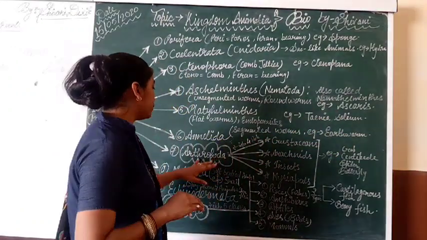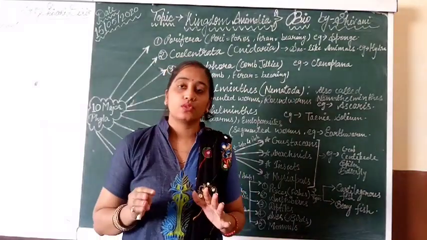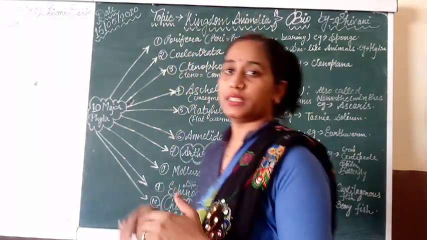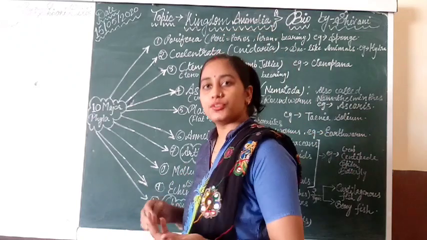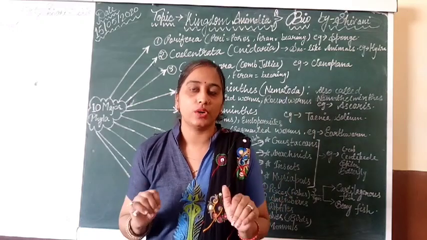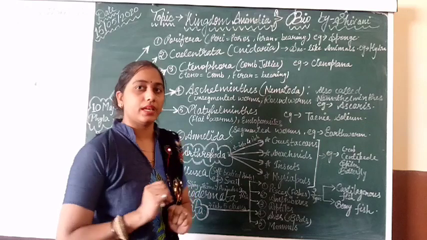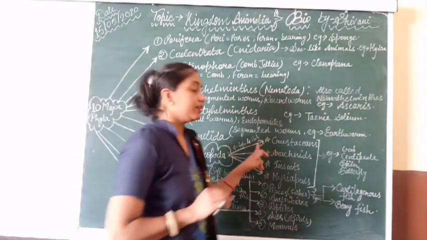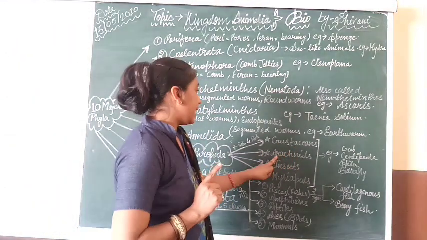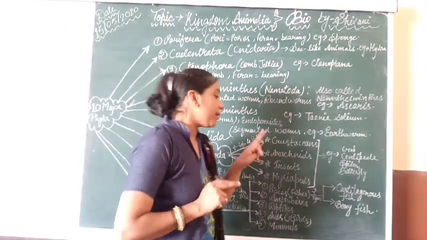Then we move to the next part, that is Arthropoda. The meaning contains two words, arthro and pods. Arthro means many, multiple. Pods means legs. The type of animal which has many legs is known as Arthropoda. Further, they are divided into four parts: crustaceans, first part; arachnids, second part; third, insects; and fourth is myriapods.